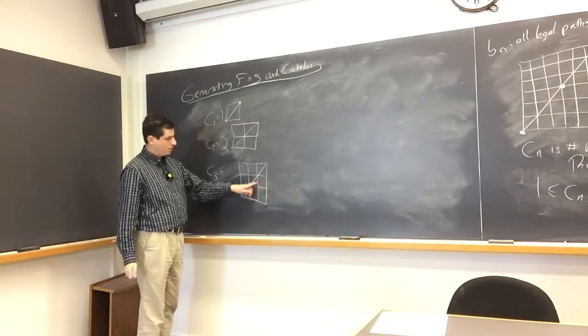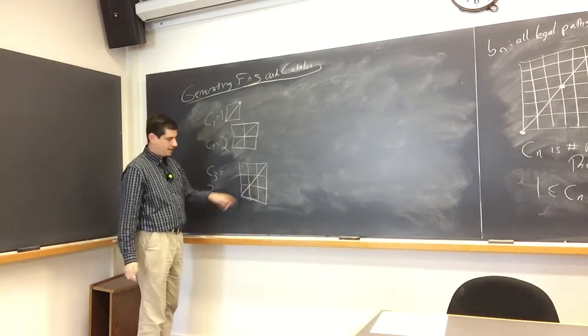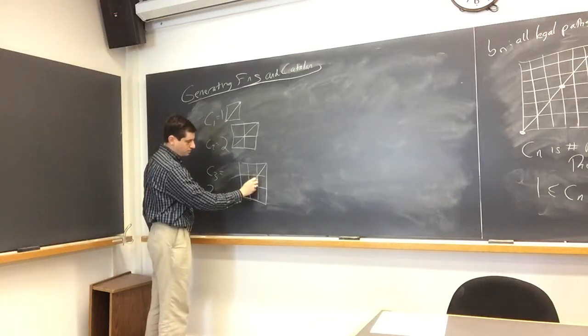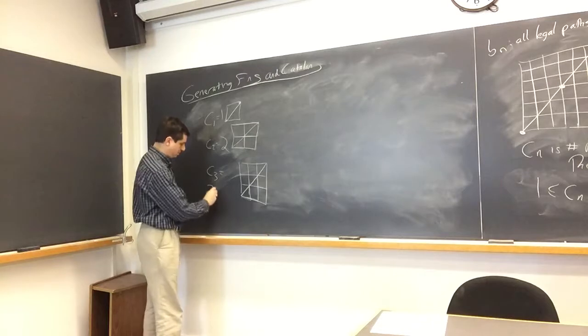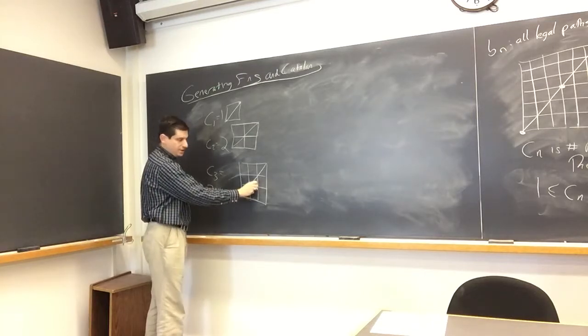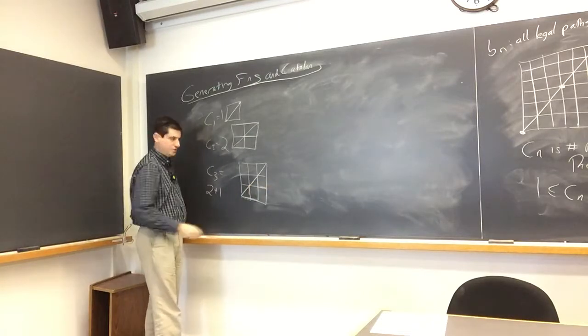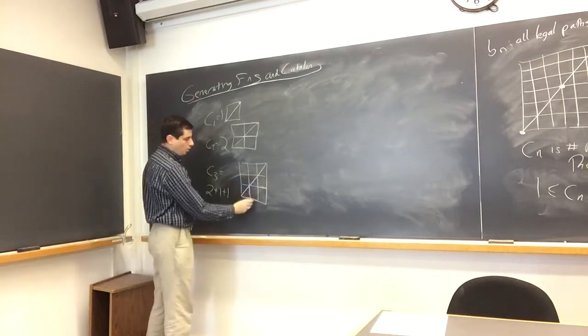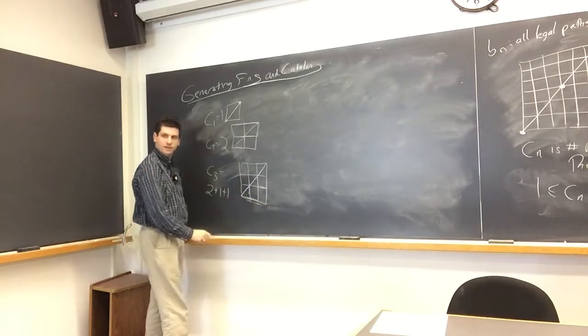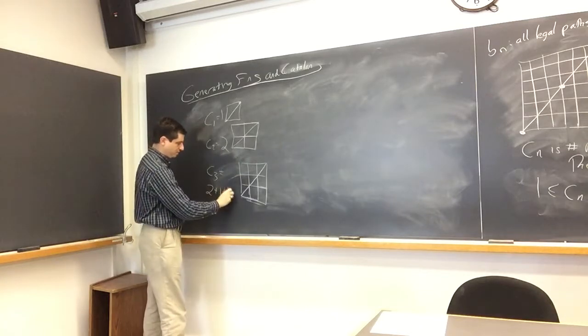Then we could either go up 1 or up 2. If we go up 2, how many possibilities are there? Just 1. If we go up 1, then we have to go right 1, and then there's only one possibility. Or we could have gone over 3, and if we go over 3, the only possibility is up 1.